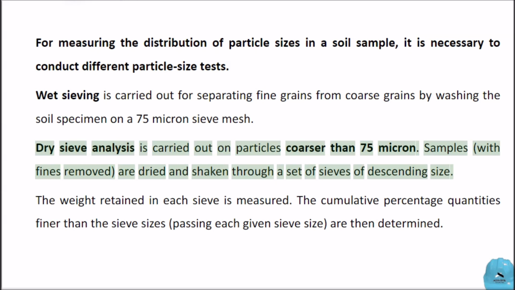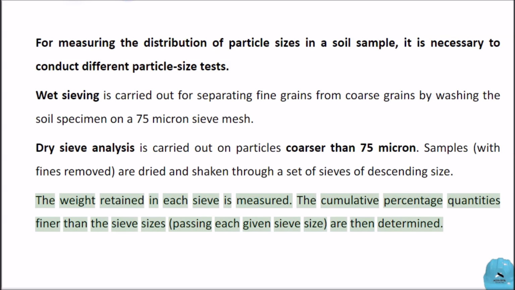Samples, with fines removed, are dried and shaken through a set of sieves of descending size. The weight retained in each sieve is measured. The cumulative percentage quantities finer than the sieve sizes, passing each given sieve size, are then determined.